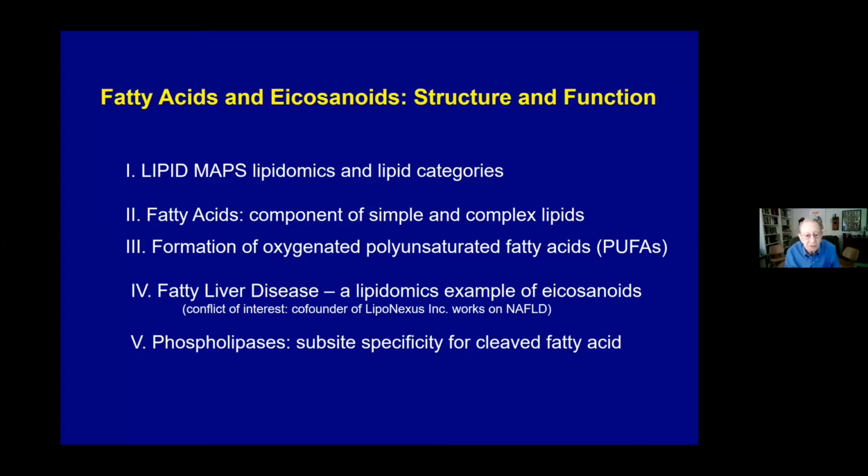And then I want to dwell in detail on fatty acids as components of both simple and complex lipids. Then we'll turn to the formation of oxygenated polyunsaturated fatty acids, the so-called PUFAs, and these are eicosanoids and related oxylipins. Then I want to give a brief example of eicosanoids and data from lipidomics as an illustration of their role and how one looks at those.